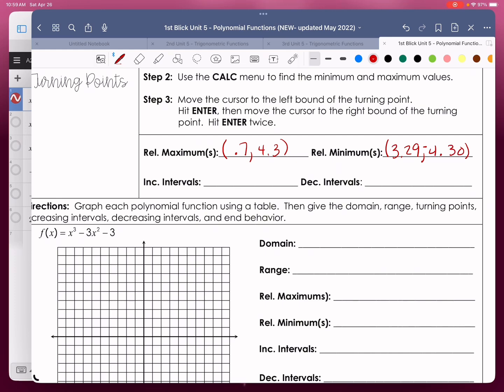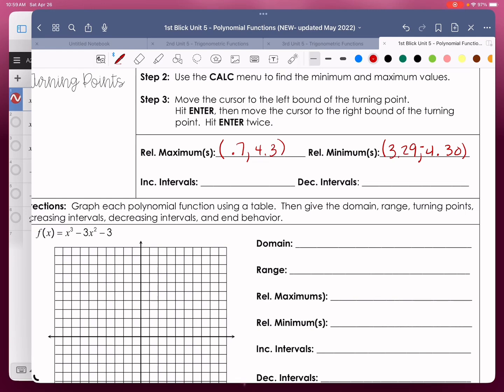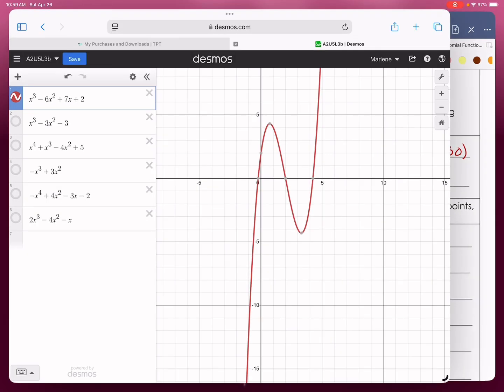Once again, if you look back on your graph, see the name of that point is 3.29 and -4.3. Okay. Now your increasing intervals are going to go from, where does it increase? Well, it increases from over here at negative infinity all the way to this relative maximum. And then it also increases from this point on up.